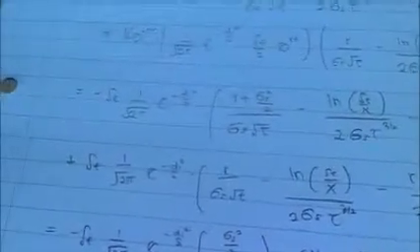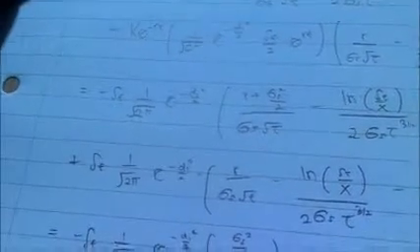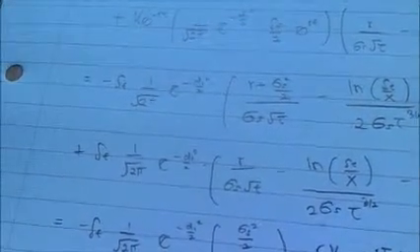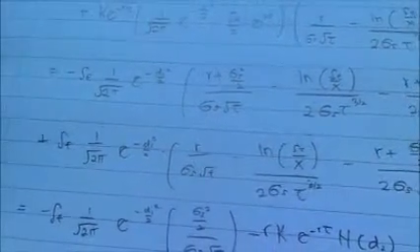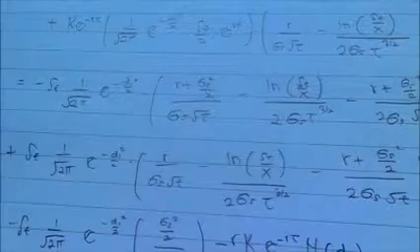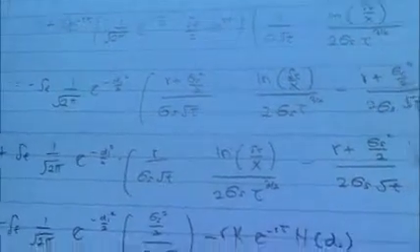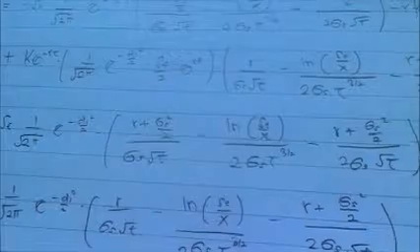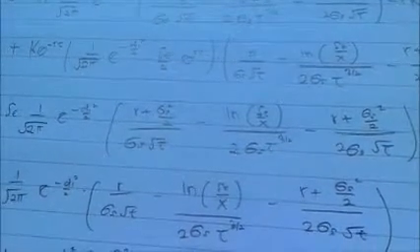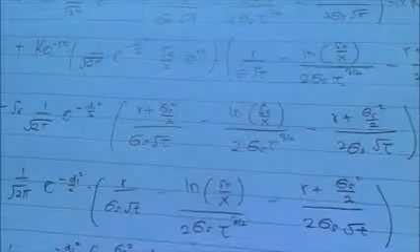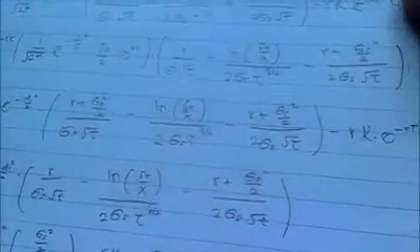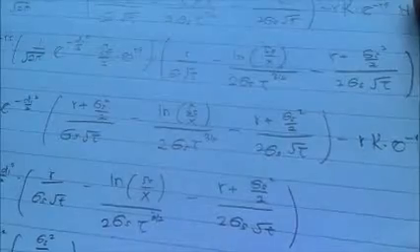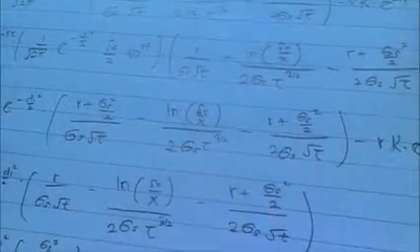Equal negative S_t 1 over root 2 pi e to the negative d1 squared over 2 open brackets r plus sigma squared over 2 sigma root tau minus ln S_t over S divided by 2 sigma tau to the 3 over 2 minus r plus sigma squared over 2 sigma root tau, minus r times K times exponential negative r tau N(d2).